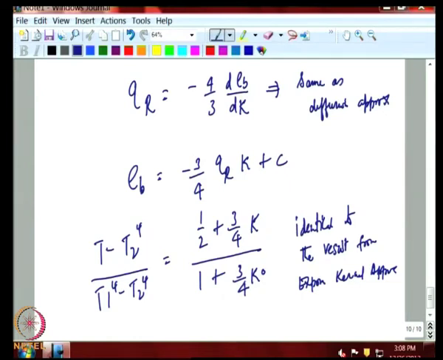So, what we have shown so far is the fact that the radiative equilibrium solution can be obtained in many ways, either kernel approximation or Simon-Schuster or Eddington approximation or the method of moments.